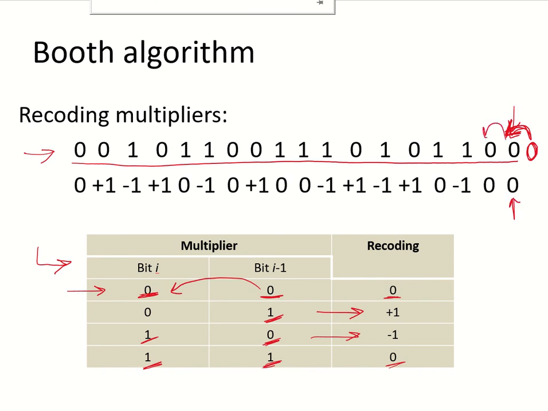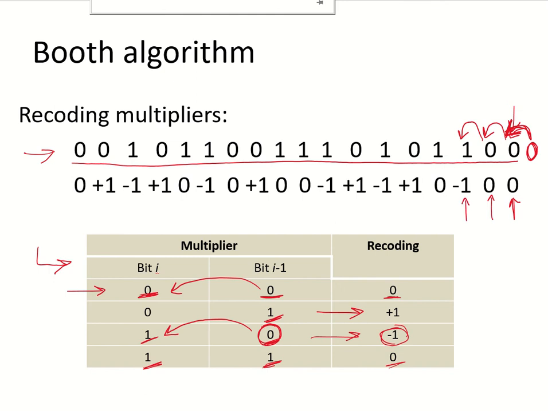Again we are going from 0 to 0, so the recoding would be 0. Now we are going from 0 to 1. So bit i minus 1 was 0 and now bit i is 1. So from 0 to 1, the recoding will be minus 1.